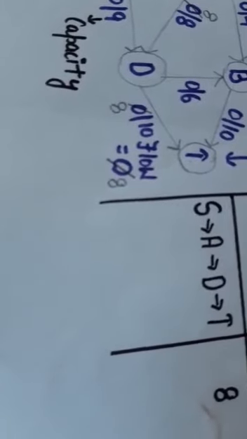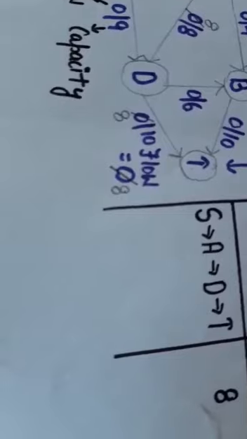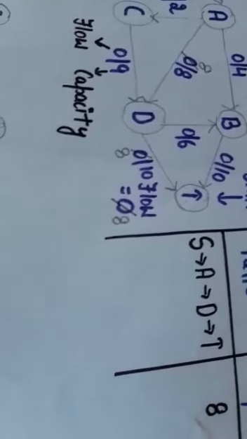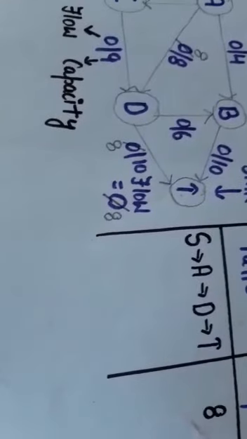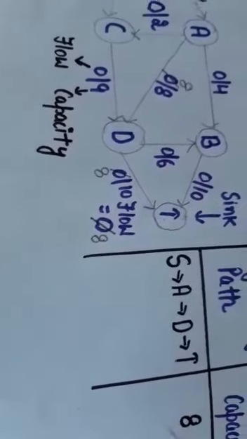And also see the total flow becomes 8. Earlier it was 0 when there was no flow, but once the flow starts flowing, it becomes 8 through the path S-A-D-T. See here, I have updated the values. SA was having initial flow 0, but now it is 8. AD was having initial flow 0, but now it is 8, and this edge is full.